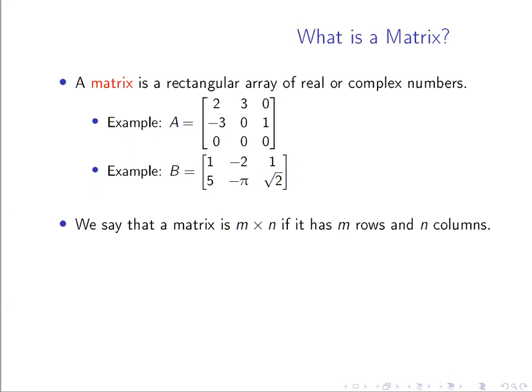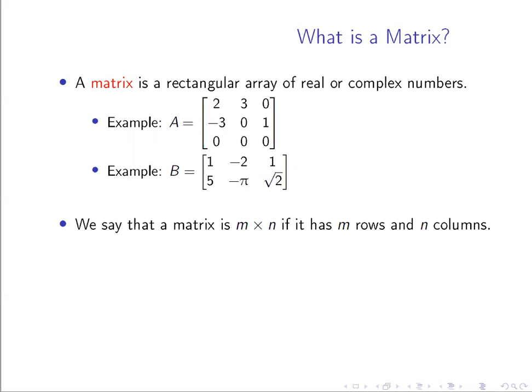Now, examples of matrices are the ones that I've just given, where the example A and example B are 2 different matrices. Now notice, example A has 3 rows and 3 columns, where B has 2 rows and 3 columns. And this relates to how we refer to the size of a matrix.